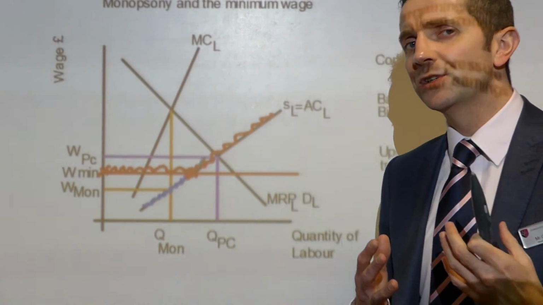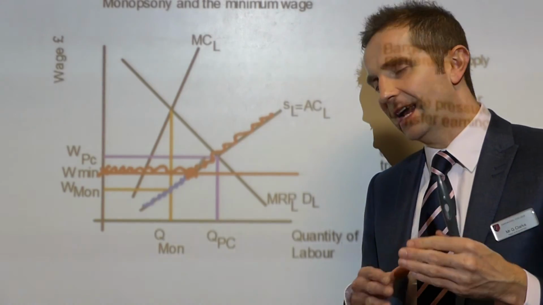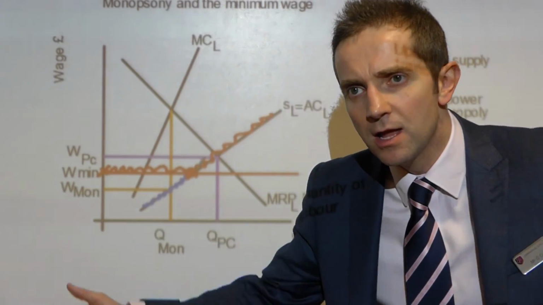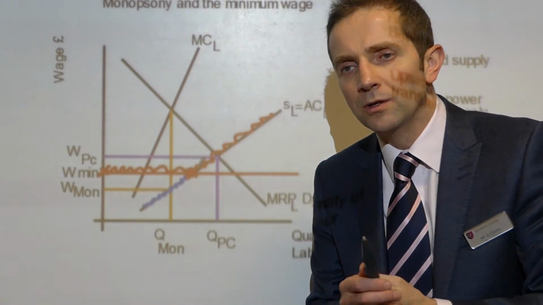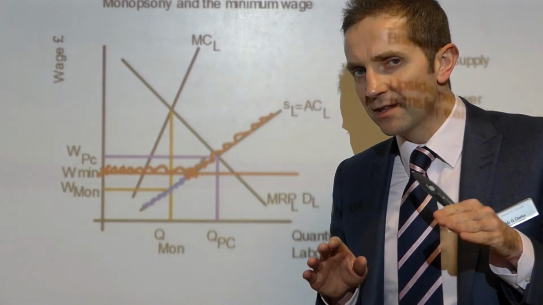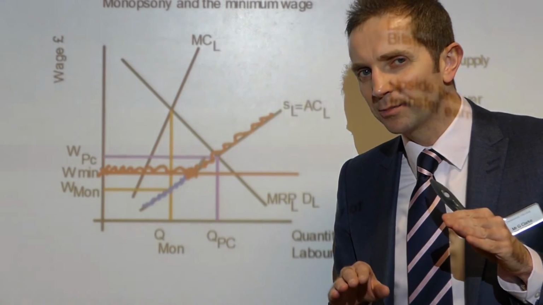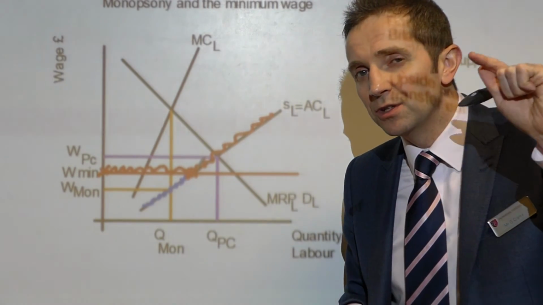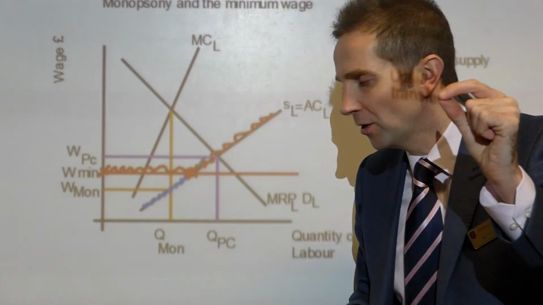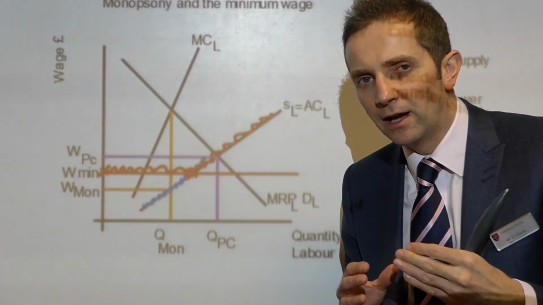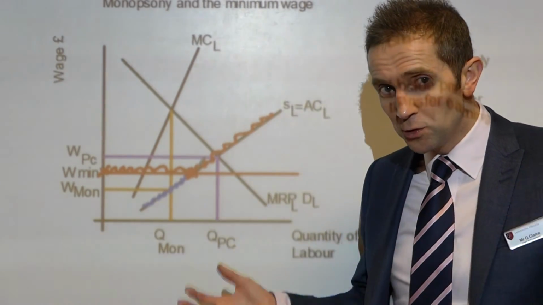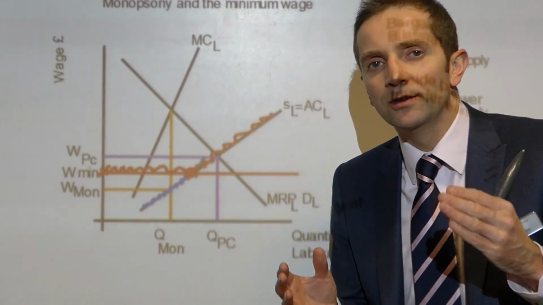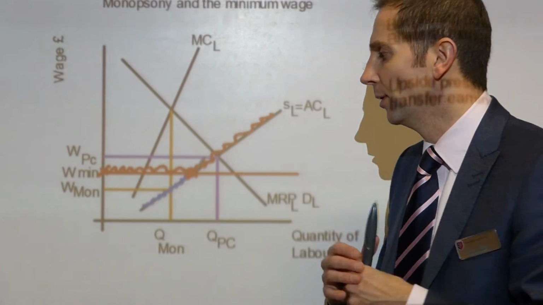So you can see demand once again greater than supply, in this case excess demand. Now one would think that the excess demand would therefore bid the wage rate upwards. But of course the thing to remember is that the monopsonists, because they have the market power, have the ability to force the wage rate down to its bare minimum, to the transfer earnings position. So don't forget that. One would think that it would be bid upwards and there'd be upward pressures here, but that is not the case for the monopsony employer.